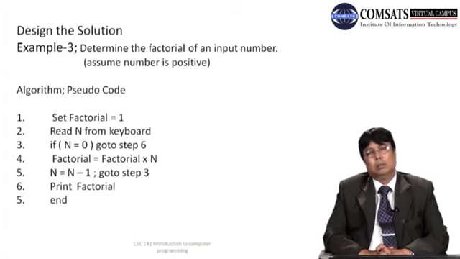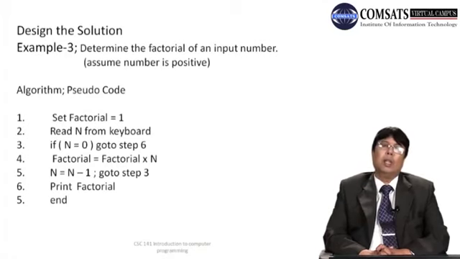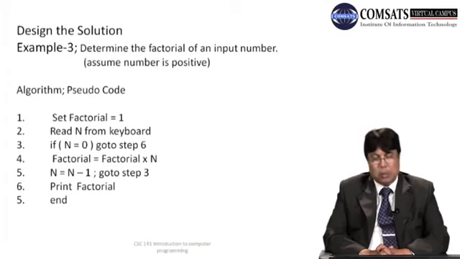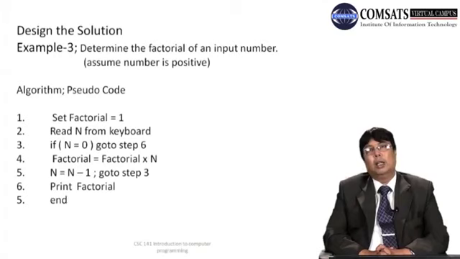Use it around or within 20, factorial of 20, or maybe less than that. I will explain it later in the next lecture when I explain the data types and their capacity and their limitations. This is just a caution.